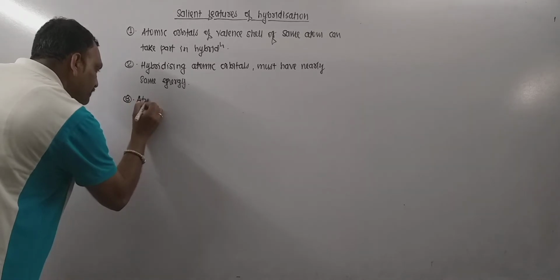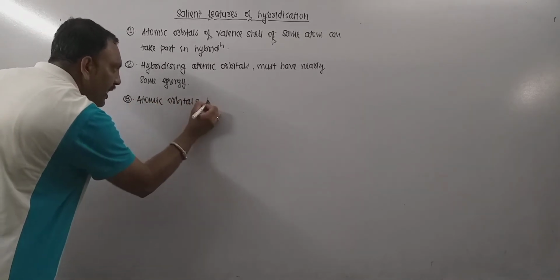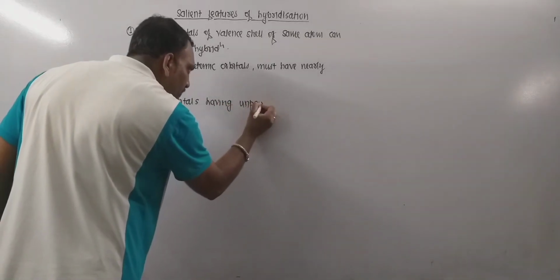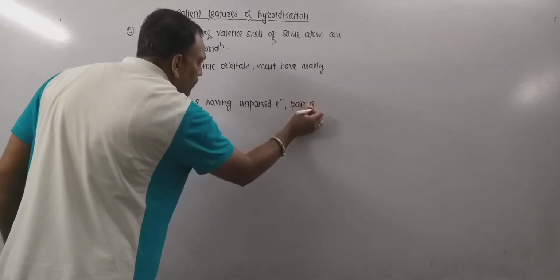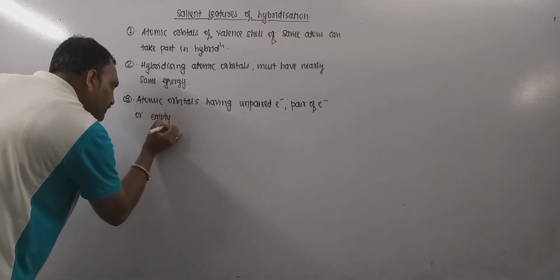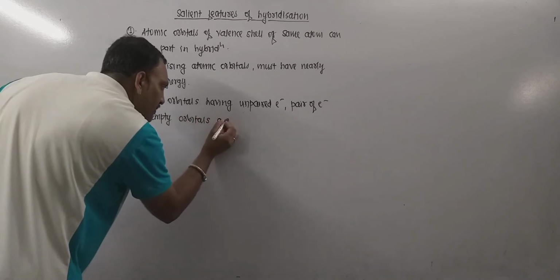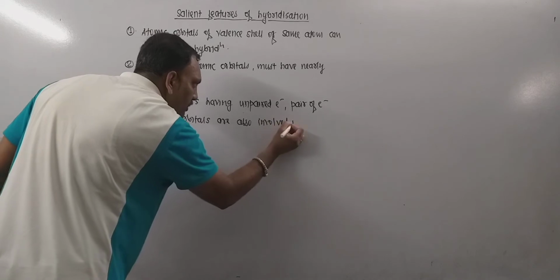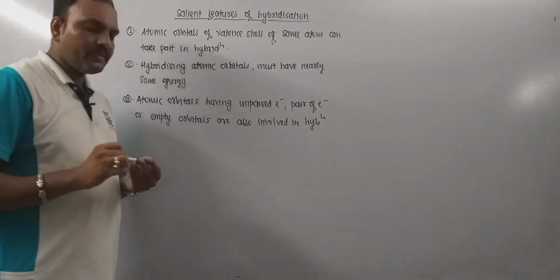So remember, atomic orbitals having unpaired electrons, a pair of electrons, or empty orbitals are also involved in the process of hybridization.